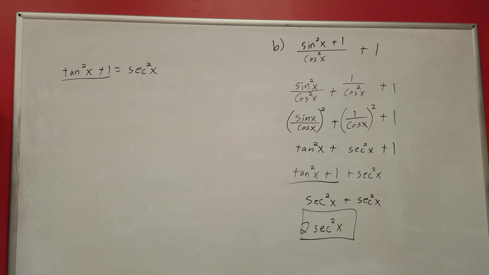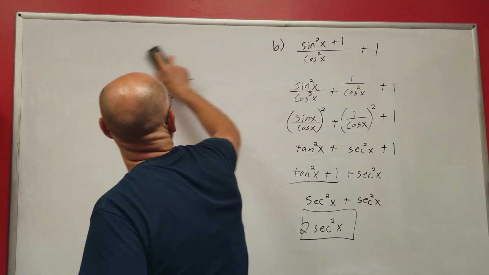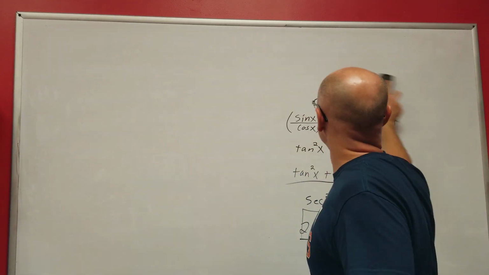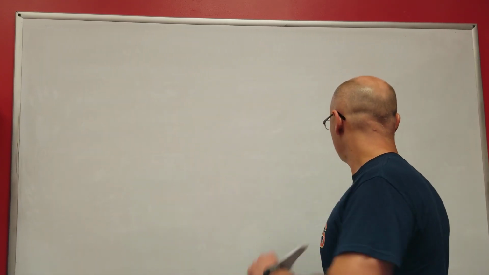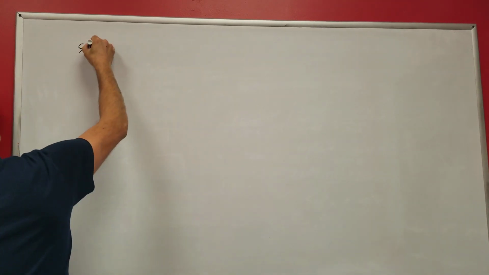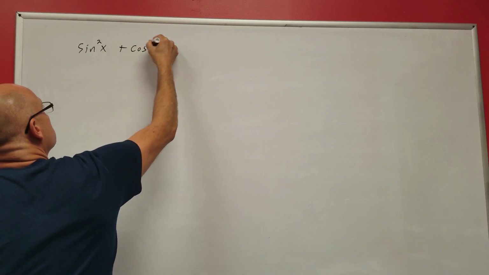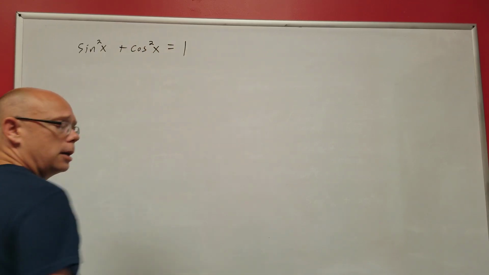All right. Let's see. We looked at some identities and we simplified some stuff using some identities. Let's look at the sine of x squared plus cosine of x squared is equal to 1, okay?